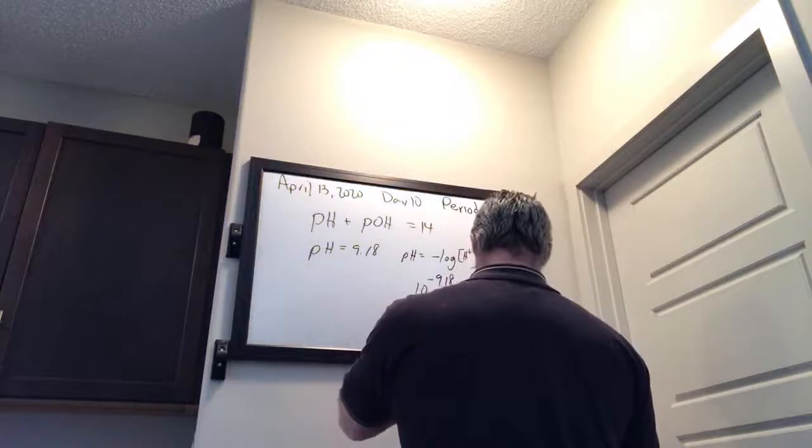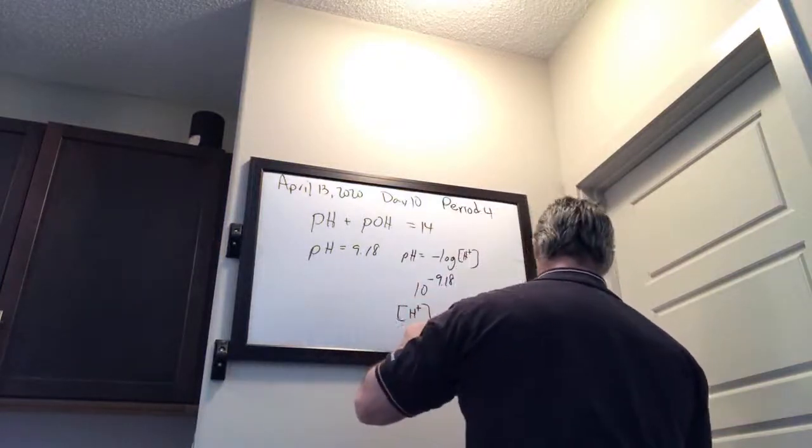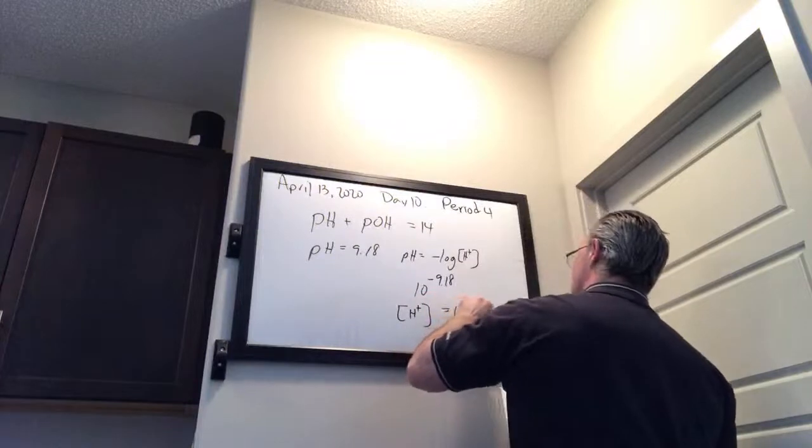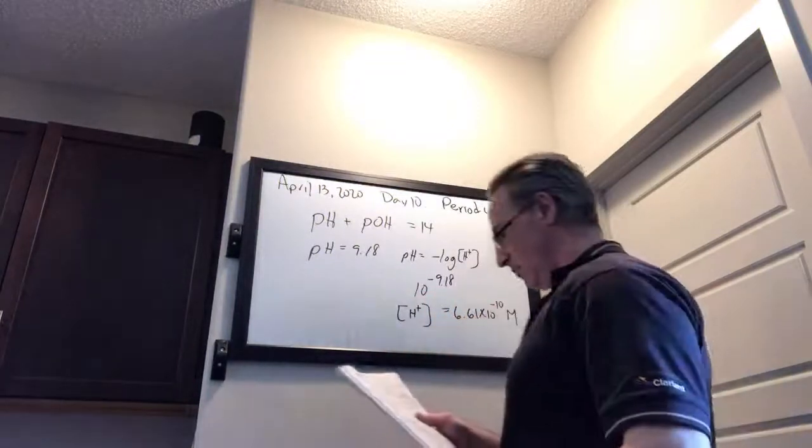So what you get is that your H plus concentration equals 6.61 times 10 to the negative 10 molar for that one.